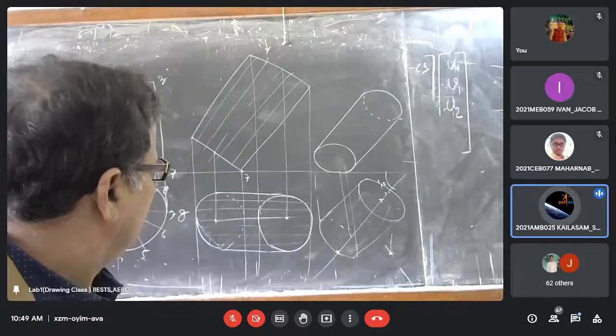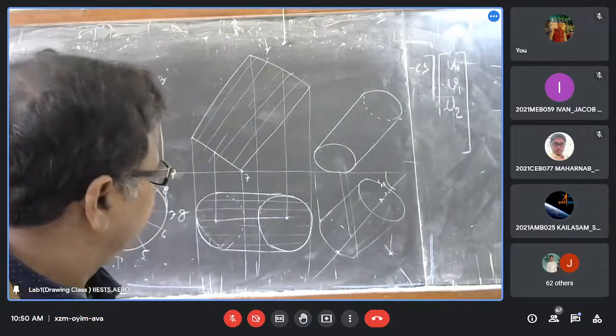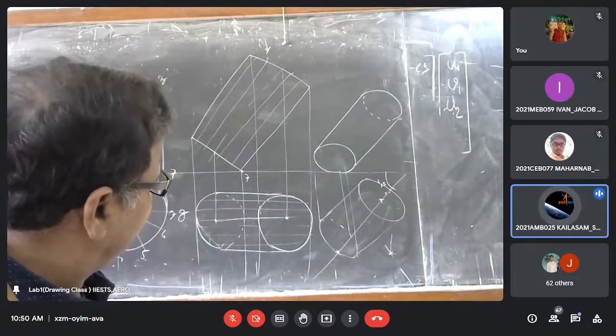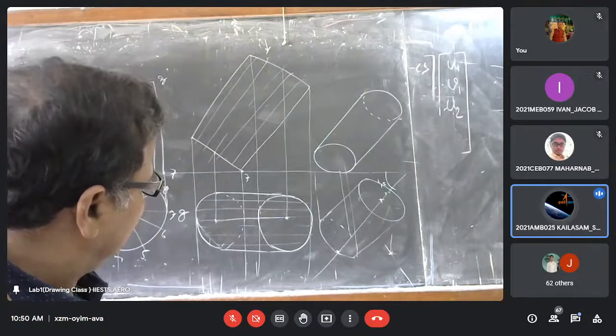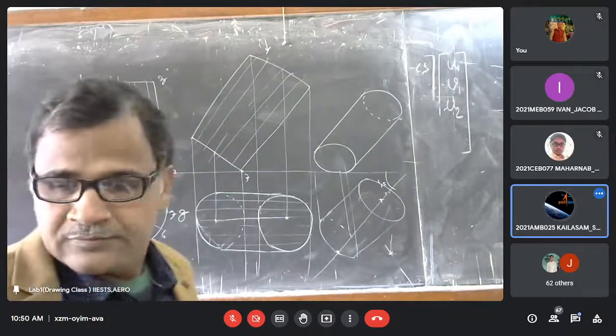The line is still parallel to the vertical plane. Yes, sir, but we rotate it at an angle to the horizontal plane. That we have learned how to project and draw. But I'm wondering, if it has been rotated towards the vertical plane, how do we draw its projections on the vertical plane and horizontal plane? What steps do we follow?